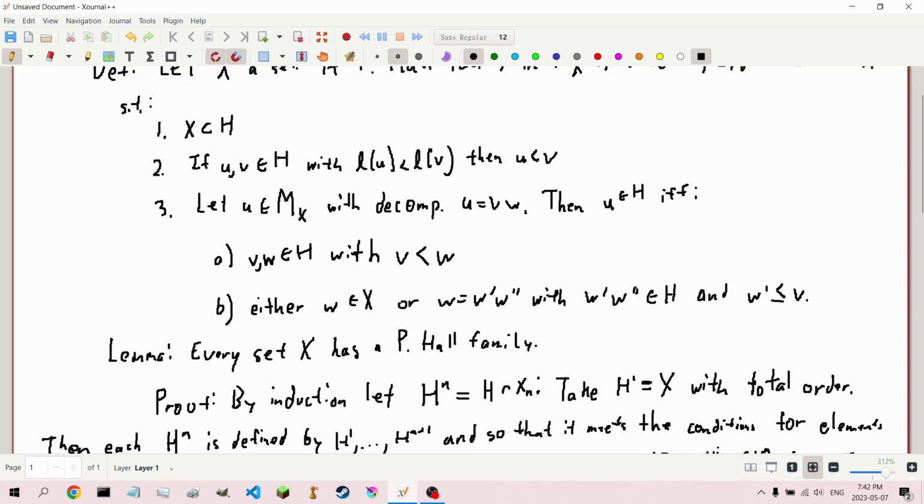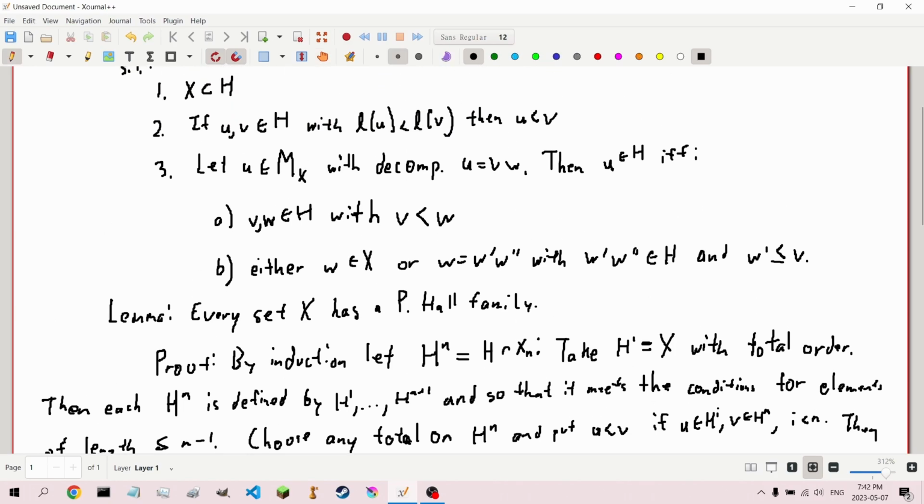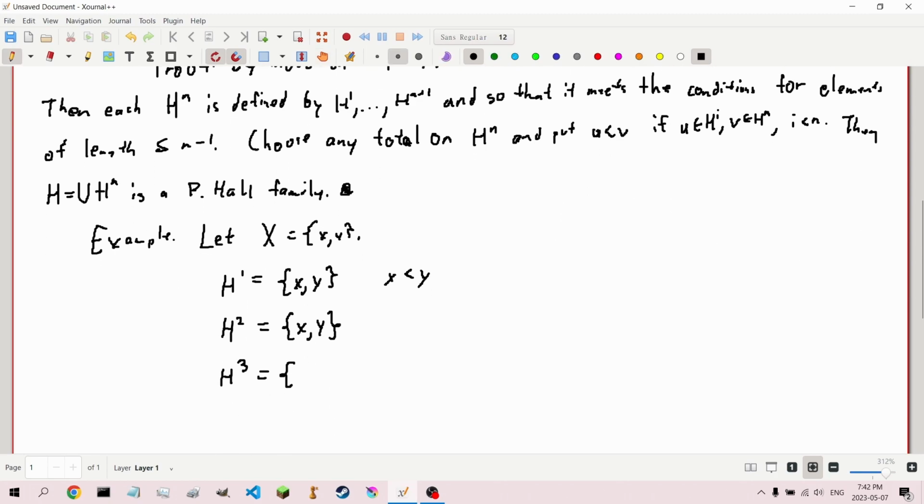And either w is an x, which is not possible, or it splits into 2 elements with w prime being at most v. So that gives us that H3 has to be (x,(x,y)) and then (y,(x,y)), with (x,(x,y)) less than (y,(x,y)).